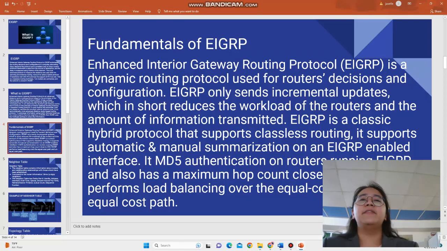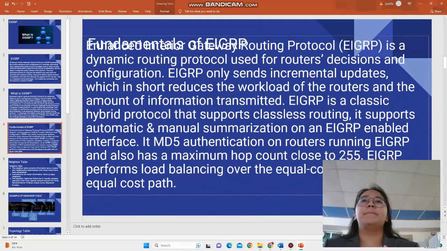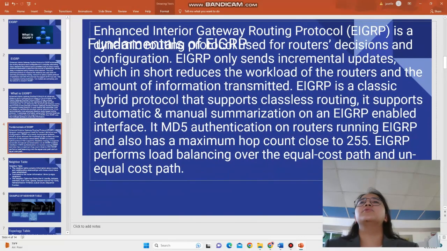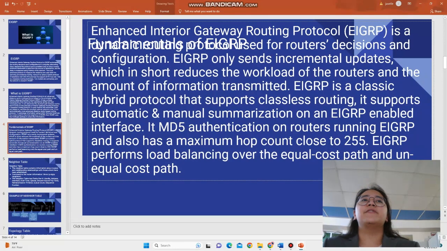It supports MD5 authentication on routers running EIGRP and also has a maximum hop count of 255. EIGRP performs load balancing over equal cost paths and unequal cost paths.